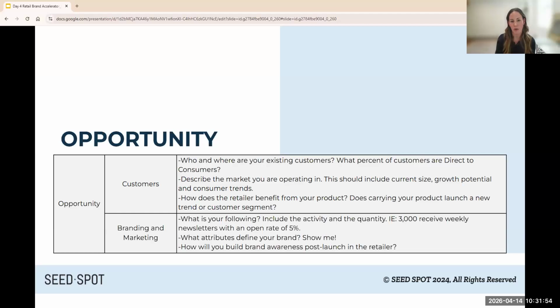So definitely know, and tell the buyer even, what product they should be taking off because it's a slow mover and it's not on trend, in order to put your product on there. And that's going to give the buyer the support they need, again, to go to their boss and pitch your product and say why they're making this change.